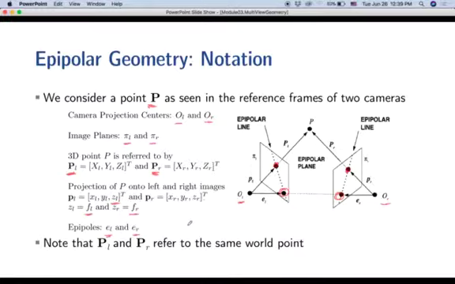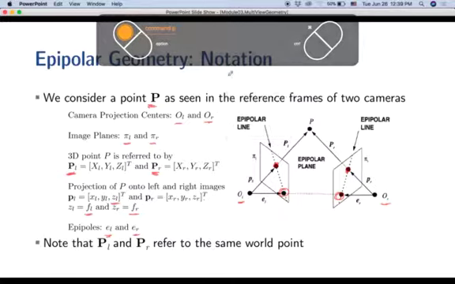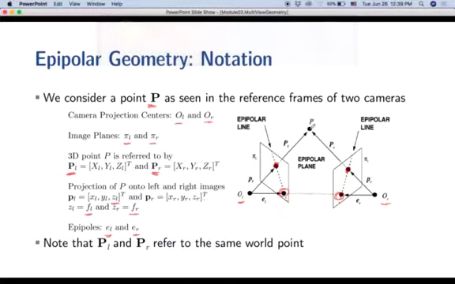Capital ZL and ZR are this point, so that has nothing to do with focal length. But the small zl and zr are really the focal length.